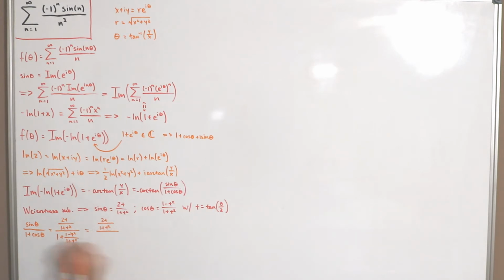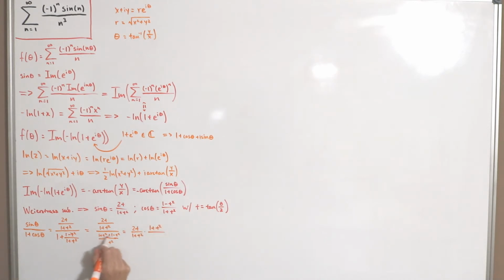So let's see, if we get a common denominator, this is 1 plus t squared, and then plus 1 minus t squared. Okay, we continue further, and this is just 2t divided by 1 plus t squared. That's just coming from here. And then I'll flip the reciprocal, so this will be 1 plus t squared.